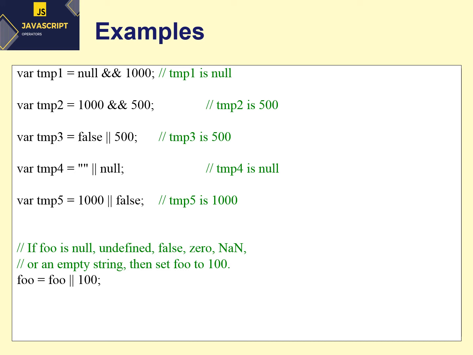So if foo is null, undefined, false, zero, not a number, or an empty string, then foo is set to 100. Otherwise, if foo has a value, it will compare the corresponding values and produce the value which is greater.